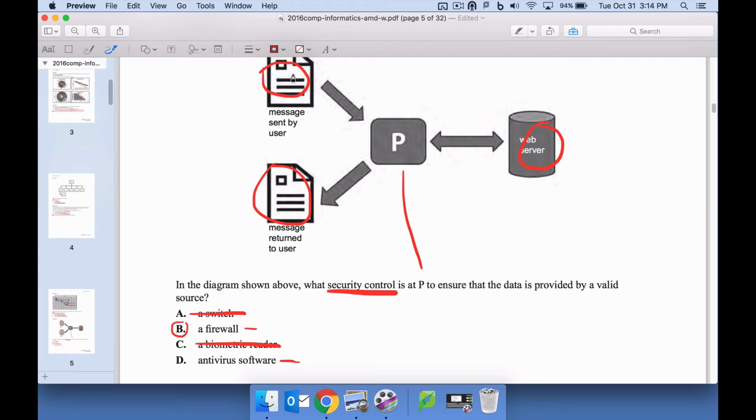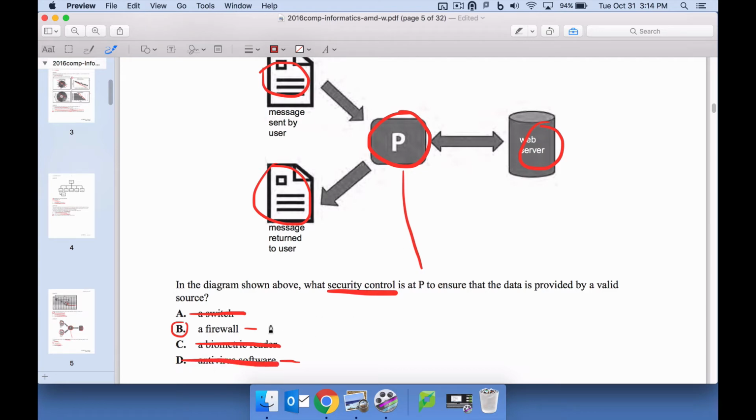But in between the transfer, the packets of data, this would most likely be, out of these options, a firewall, where this packet of data goes in, the firewall checks it, and then either blocks it or lets it through to the web server. So it's not an antivirus software.